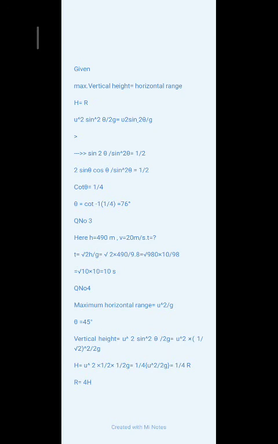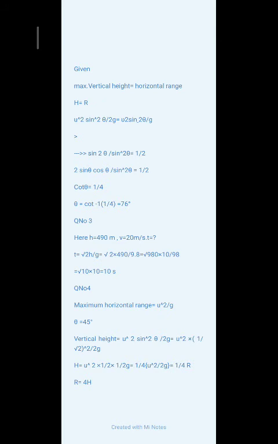So given H is equal to R, where vertical height H is u square sin square theta by 2g, and range is u square sin 2 theta by g. The u square cancels, and we get sin 2 theta divided by sin square theta is equal to 1 by 2. We transfer the sin square theta from left hand to right hand, and from g on the right hand it will multiply by g, and g cancels, we will get 1 by 2.